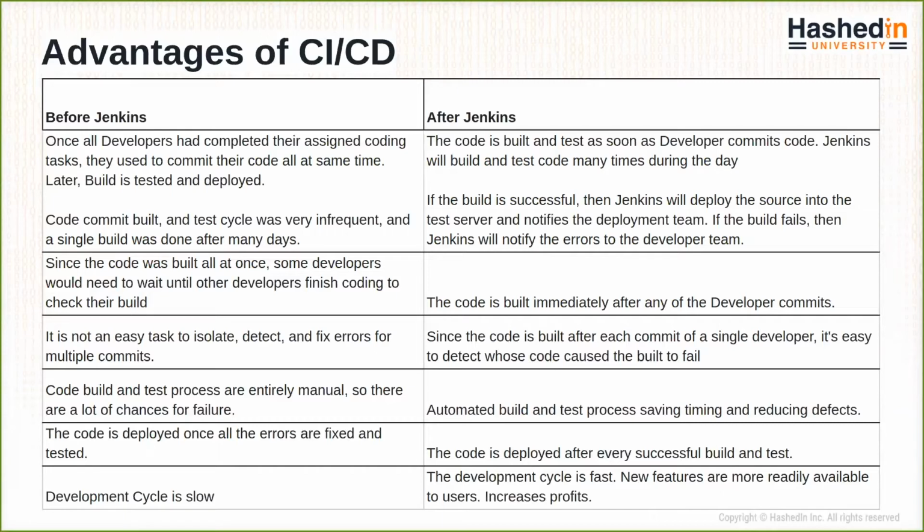Now, talking about the second point: let's say someone is working on a piece of code and doing the build, then the other developer has to wait for some time to update his code.